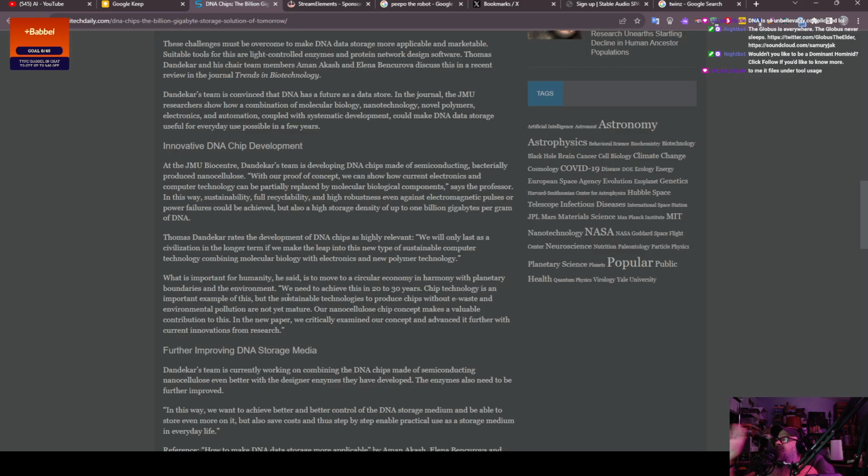How many of you have old hard drives or burnt CDs or anything else like that you don't use anymore because it's past its prime? DNA storage would always be good. Yeah, there's a whole lot of upside to this.